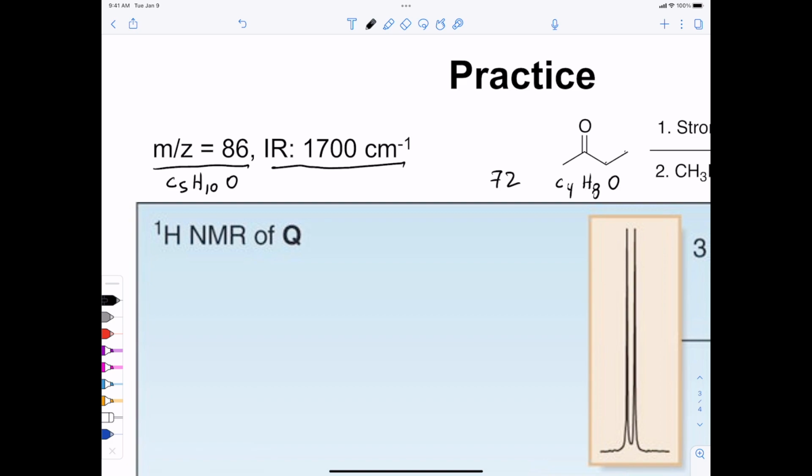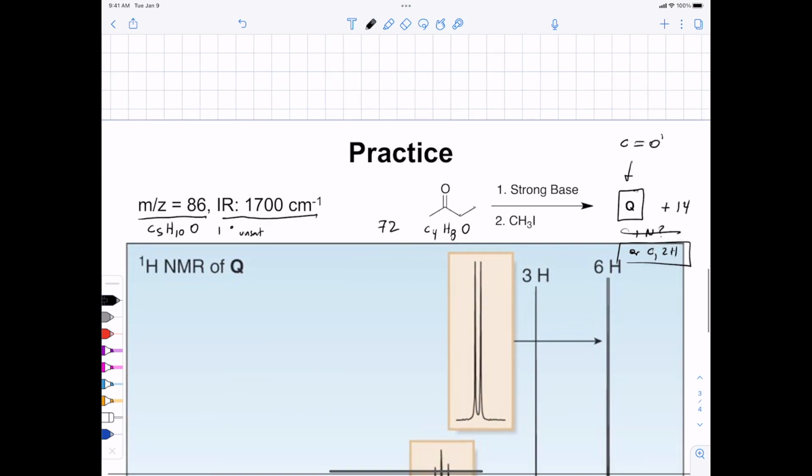Run that through your double bond equivalence or degrees of unsaturation, and that tells you how many double bonds we got in this thing? Just one, right? One double bond, one pi bond or ring, 1 degree of unsaturation, and we've already accounted for that in our carbonyl group. All right. So those are some of the parameters we're dealing with.